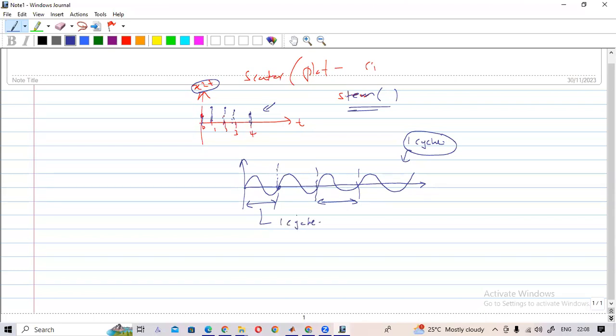The time of this one cycle is normally referred to as the period, normally T naught. So how do you find the period of a continuous time signal? If it is x(t), how do you find the period?